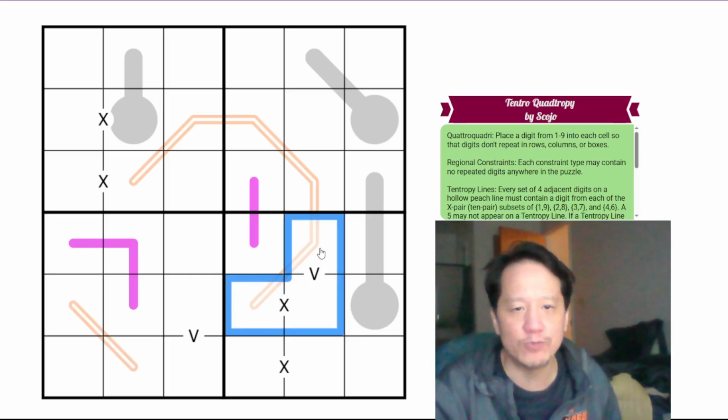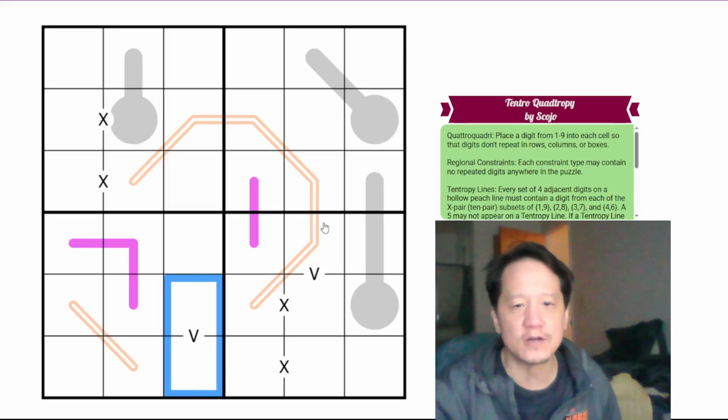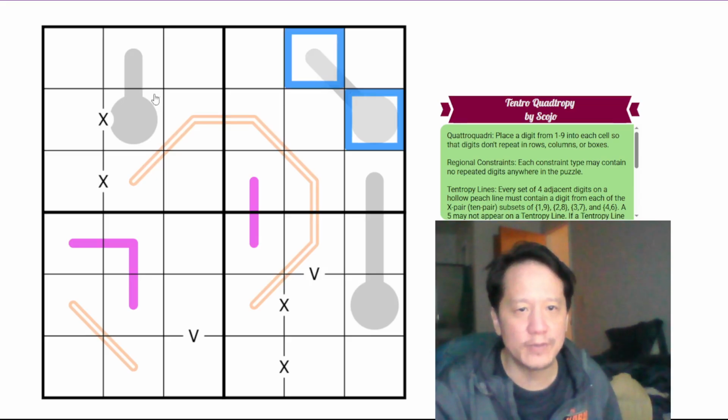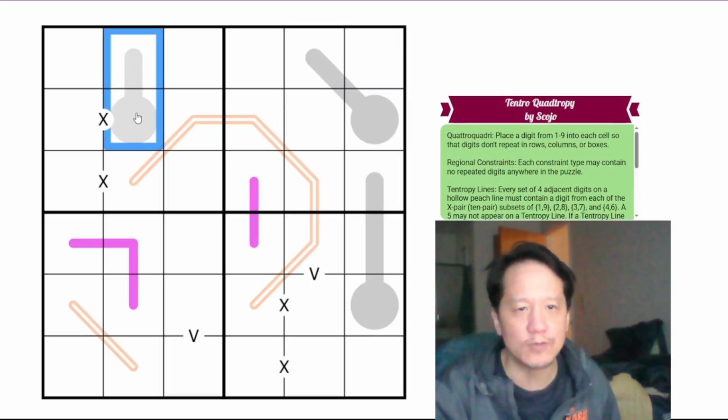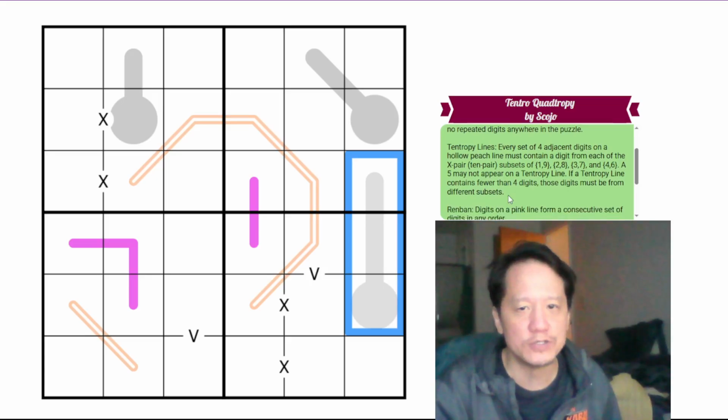There cannot be repeats on these constraint types. There is a V here and a V here. There cannot be repeats on long cells that share a V. There are these thermometers. There cannot be repeats anywhere on these thermometers. So those are examples of how regional constraints work.